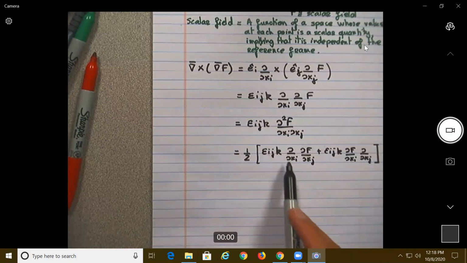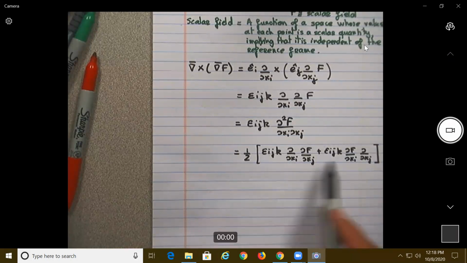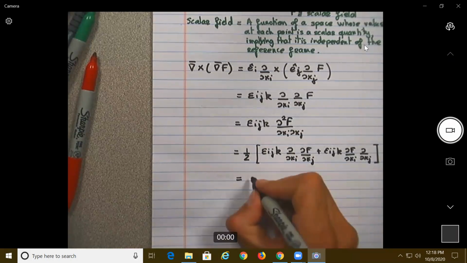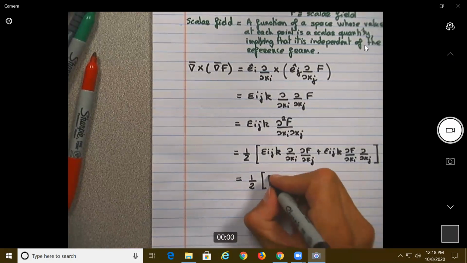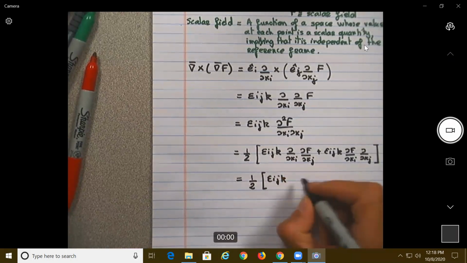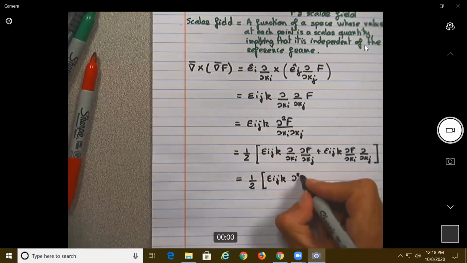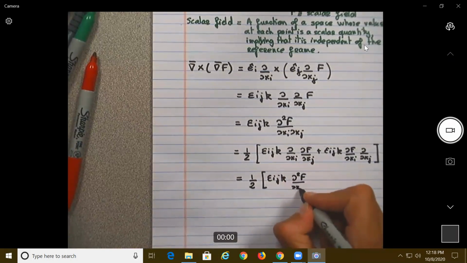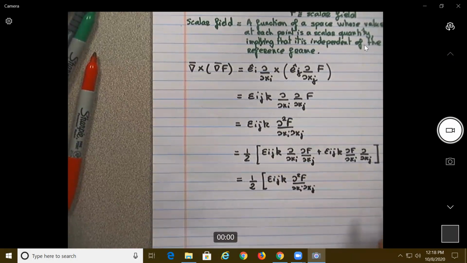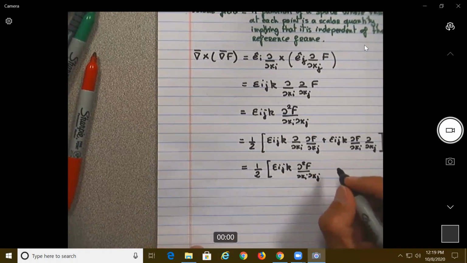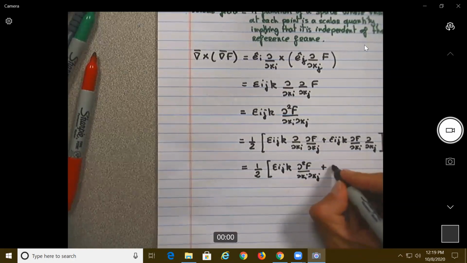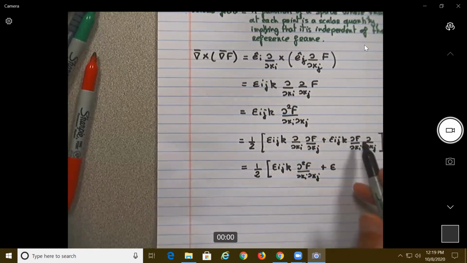Okay, because this is half and half, no? So this gives you at the end what? This is equal to 1/2 of the same thing, really, of epsilon_ijk of the second derivative of f, partial xi xj, plus now if I change the order again, so what can I make here?